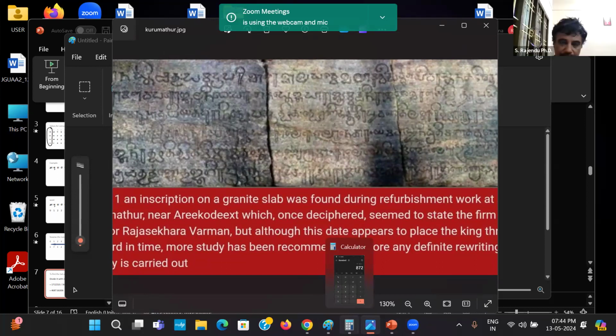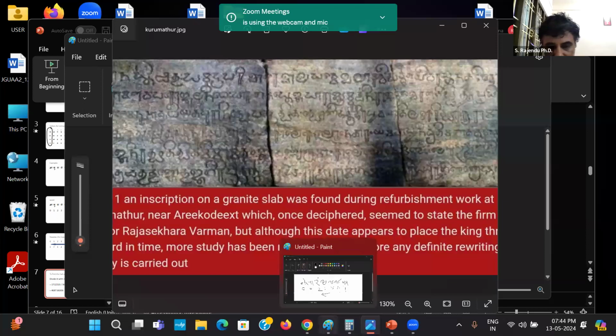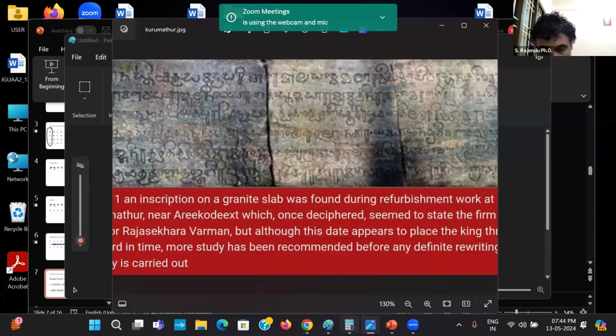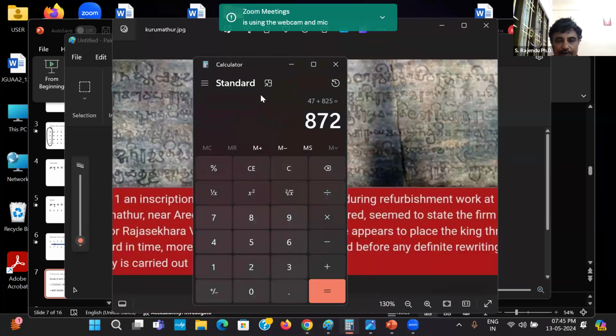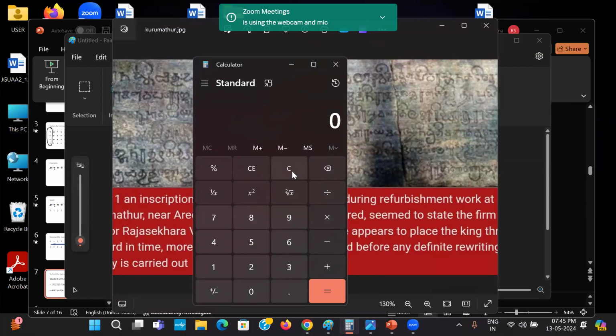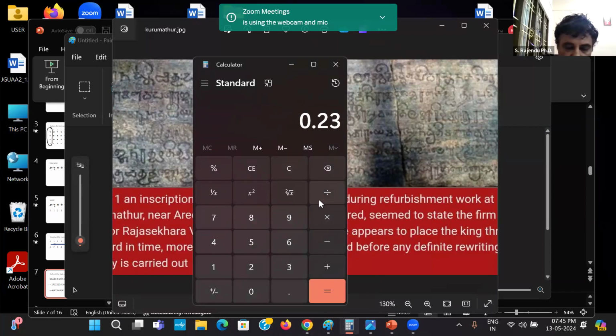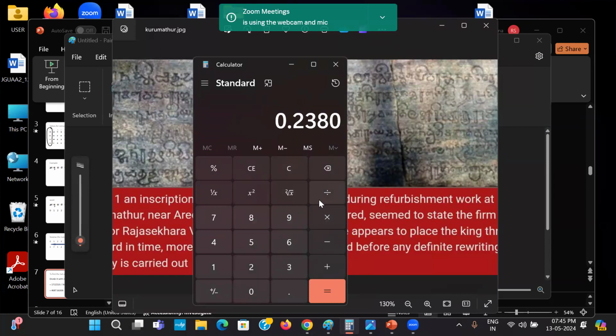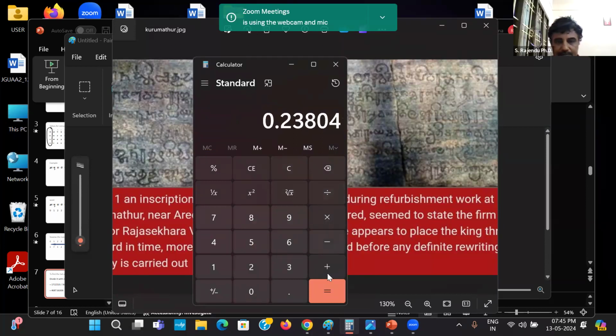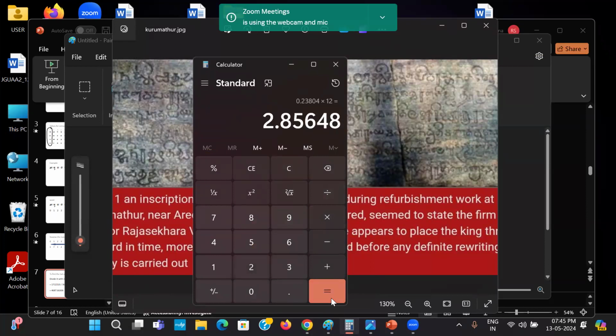Okay? Then find the month. Next one is the month. What was the remainder for that one? 0.23804. Multiply into 12, it is equal to 2.856.